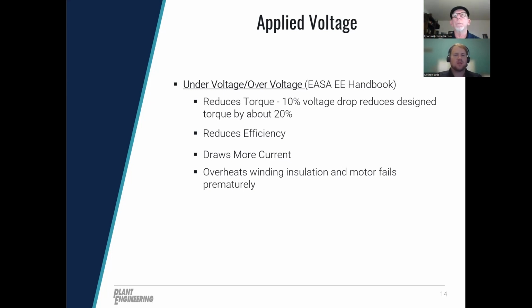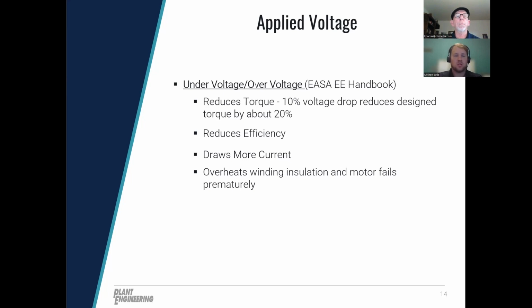The Electrical Apparatus Service Association Electrical Engineering Handbook, that's EASA. You'll hear us mention them quite a few times, and maybe they're giving some presentations on this as well. But according to their handbook, if you have a 10% voltage drop at the motor input terminals, the motor design torque would be reduced by approximately 20%. That's pretty telling about not wanting to undervoltage your motors, because you're not going to get the output that you need.